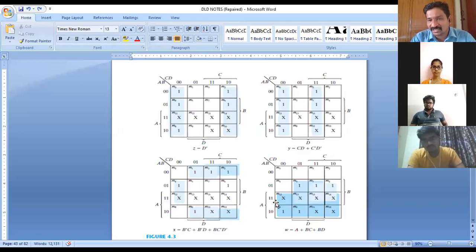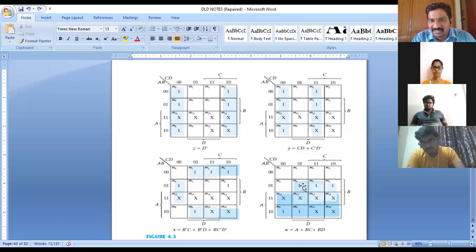So 16 is not possible, only 8 is possible. You make it as one group, and this can be made as one group. The common term is only A. This is one 4-combination, right?